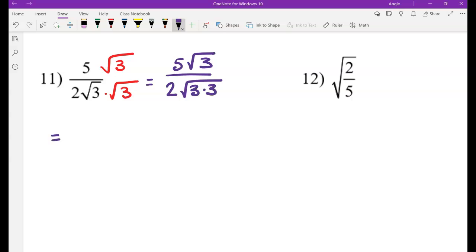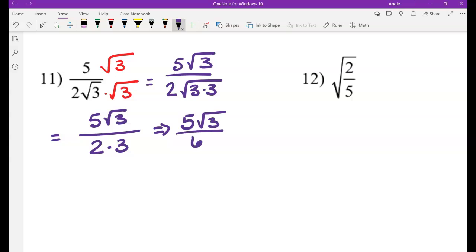Well, rad 3 and 3 on the bottom is now 2 times 3. On the top is now 5 rad 3. That will allow us to reduce down to, multiply out to 5 rad 3 on the top. And then 2 times 3, which is 6 on the bottom. Let's check to see if we can reduce, and we cannot. So let's box that up. Okay, be careful. This is under the rad, and this is outside the rad. They cannot be simplified together, okay?